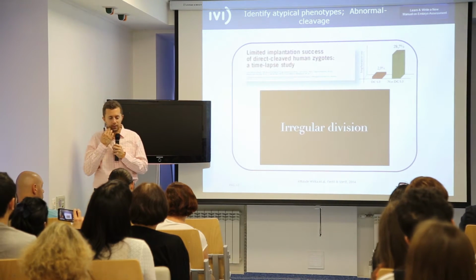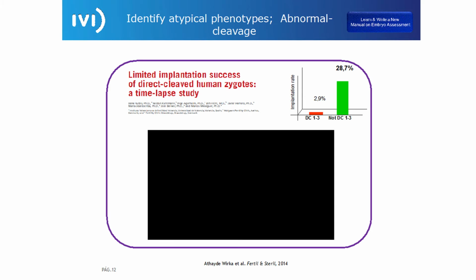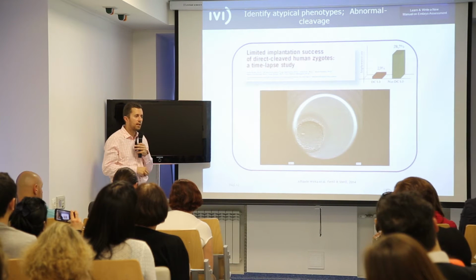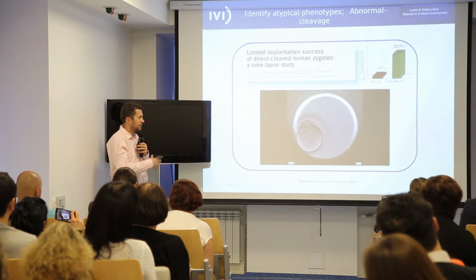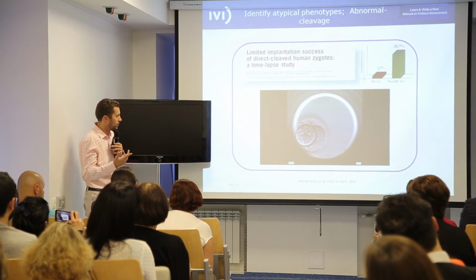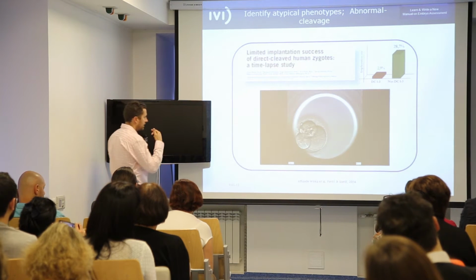Other parameters that are potentially very clear, very obvious by using time lapse. This is the direct cleavage or the abnormal cleavage. Embryos that are moving directly to 3 cells. Well, this is an abnormal behavior because it goes to 3 cells, then goes back to 1, then back to 2 and then to 3. That's sometimes happening.